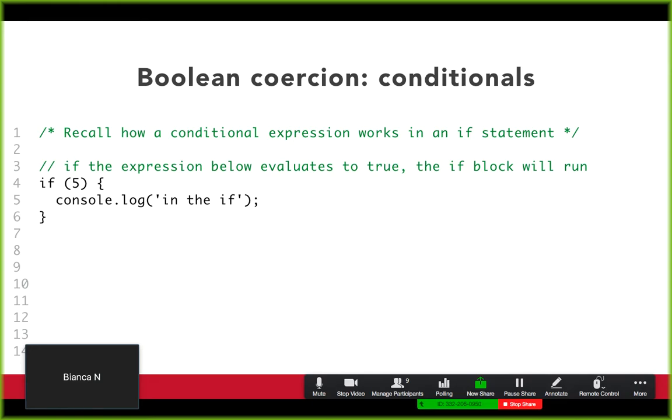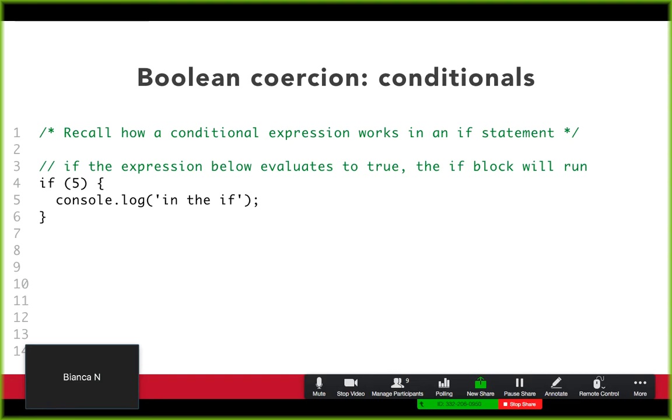Oh, a 5. Great. Let me convert that 5 into a Boolean. Well, what's a number when I convert into a Boolean if the number isn't 0? Well, it's true, right? Because the only number that's false when I convert into a Boolean is 0. So for every other number, 5 included, it's going to be true.